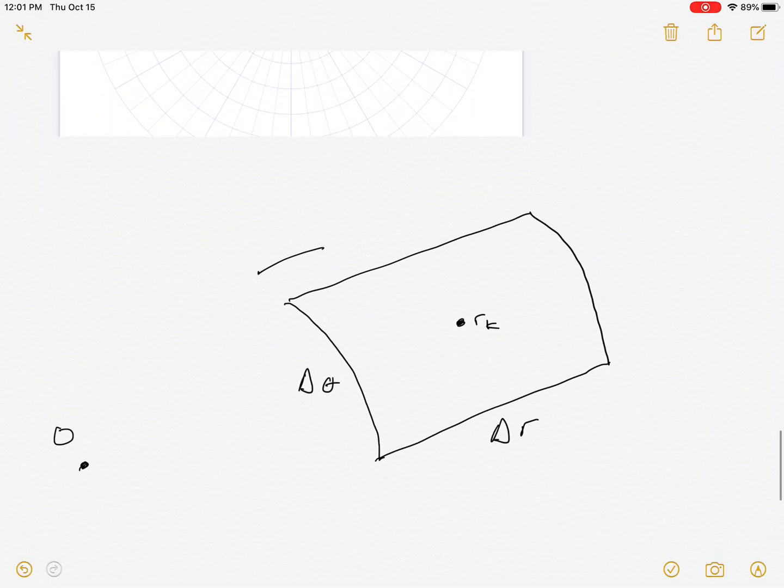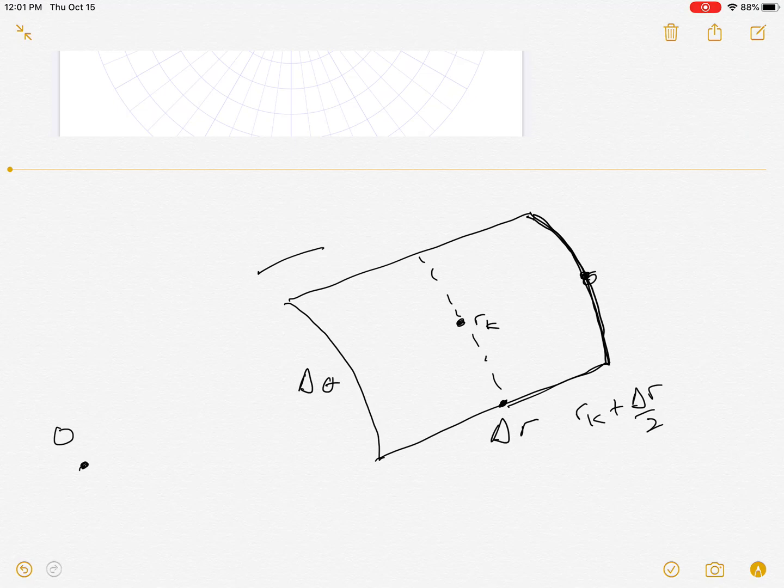So what is this distance here? Because this is the big sector. Well, this is r sub k, and this is r sub k plus delta r over 2, because all I've done is taken half of delta r and added it to get to this length.